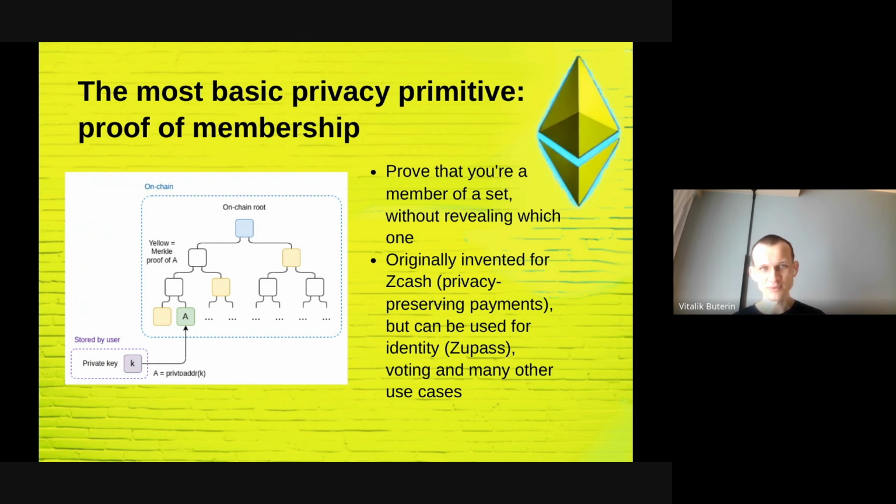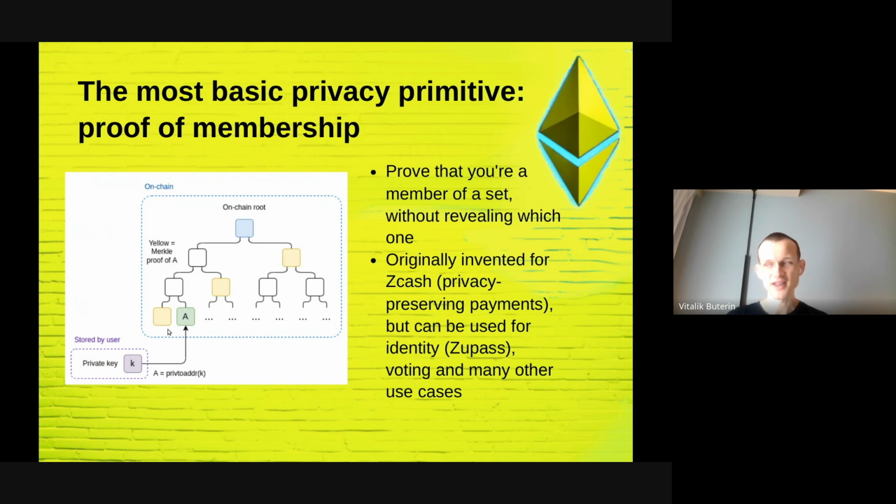So proof of membership, basically, you have a Merkle proof, and you're making a ZK snark that proves that a Merkle branch that has a particular piece of data at a particular position, ending at a particular public root, exists.